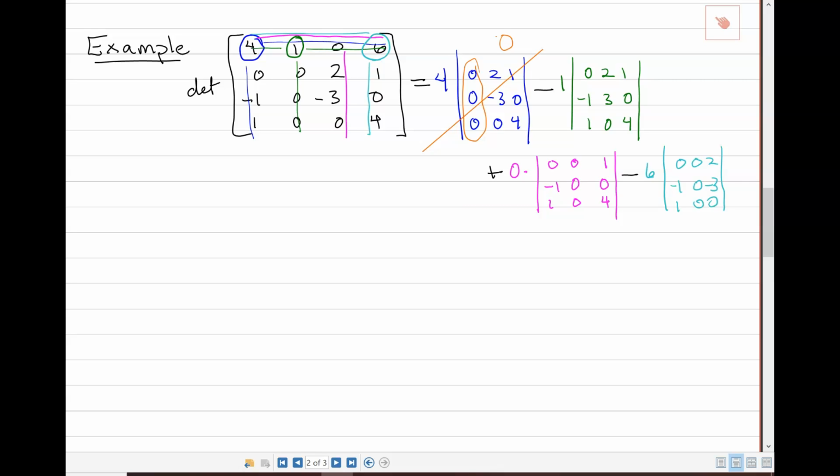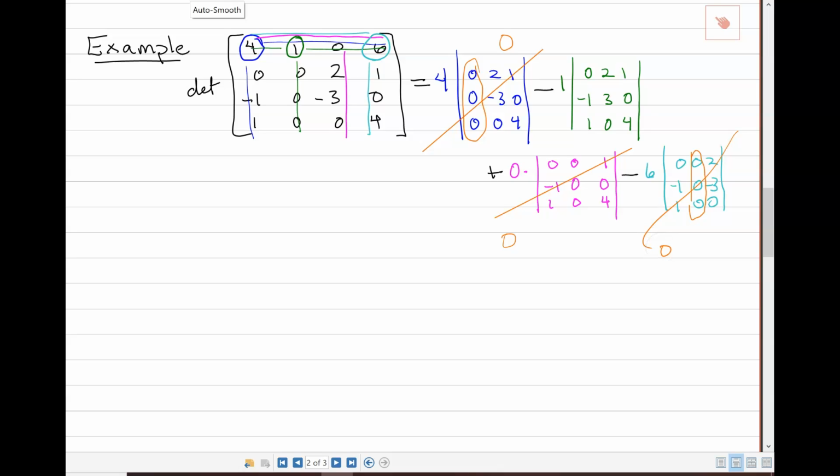Similarly, whatever the value of this one is, we're multiplying it by 0, so I didn't even need to bother to write that down. This is also 0. And one more, this matrix has a column of all zeros, so this is also going to just be 0.